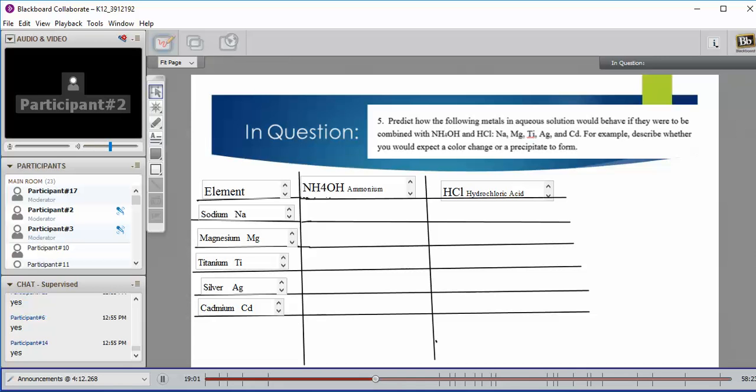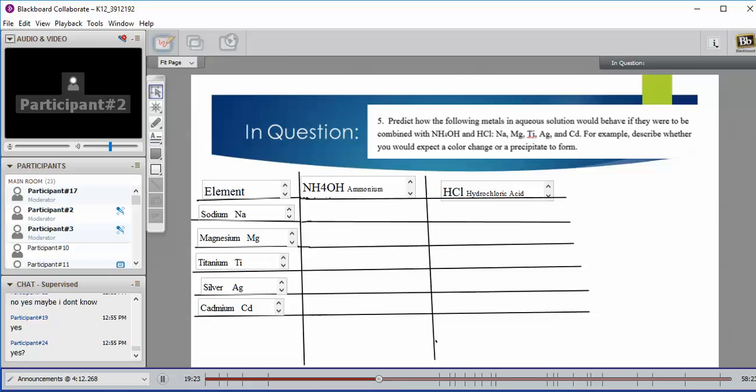So, yes, all of you got that. That means we know that transitional metals are reacting with the ammonium hydroxide. So, we can go along and say yes to the transitional metals.